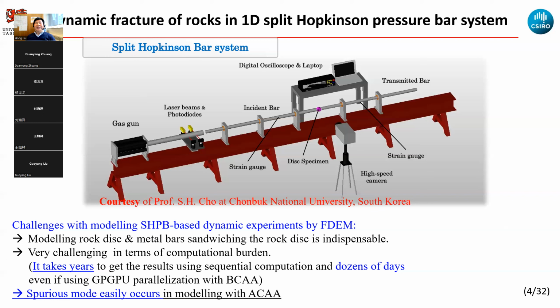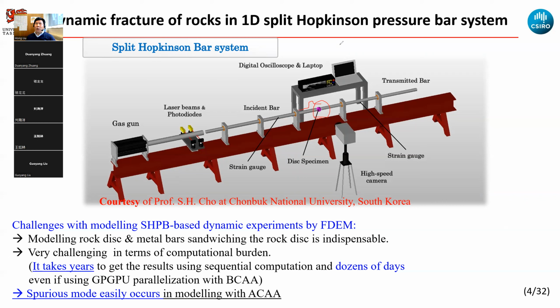For our case, we were building the full system. If you read the literature, some claim they built an SHPB-based dynamic test, but they only build the rock specimen and put an impact directly on it.